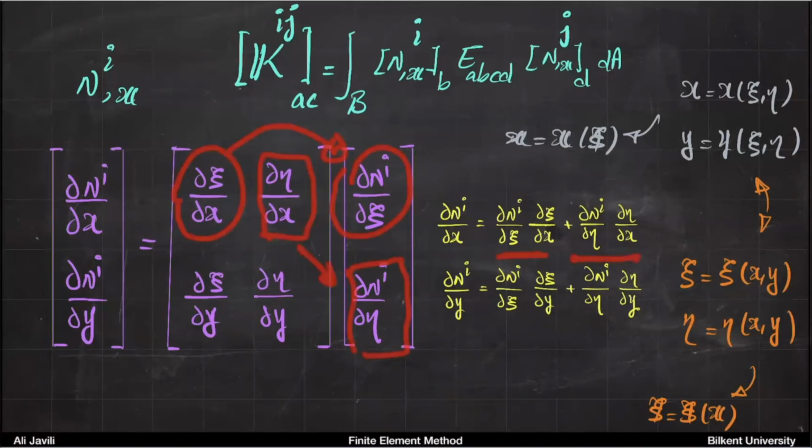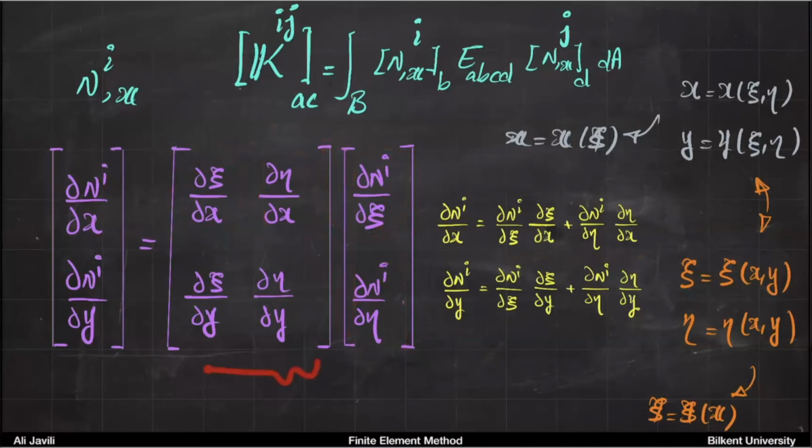That's the second term here. So this is derivative of Ni with respect to ξ. Okay, and then the same thing for the second one. So basically, what I'm trying to say is that this matrix seems to be a very nice and useful matrix. Okay, so we want to look into that a little more carefully. But you get the idea. Now you know where that matrix is coming from.